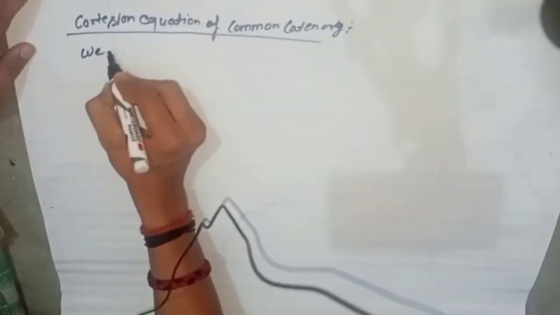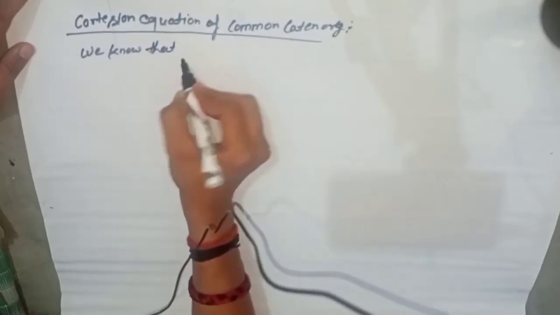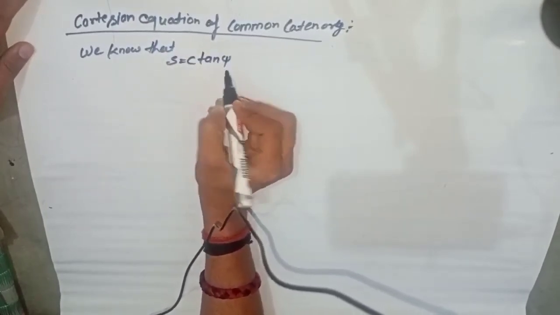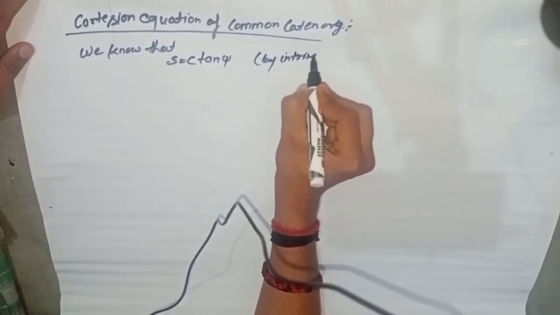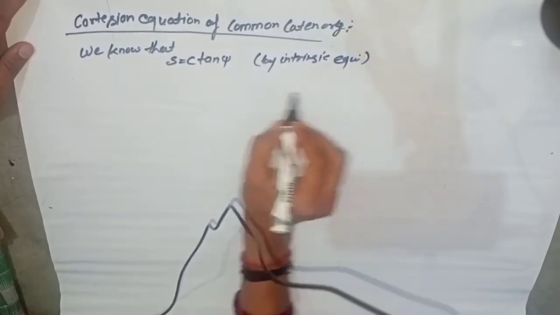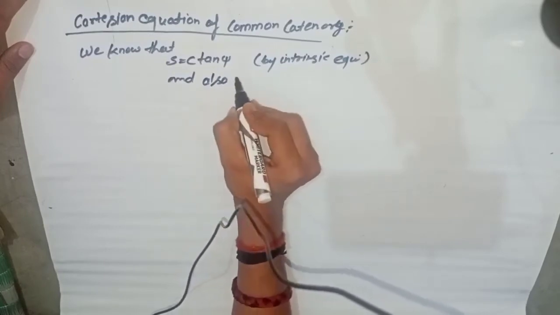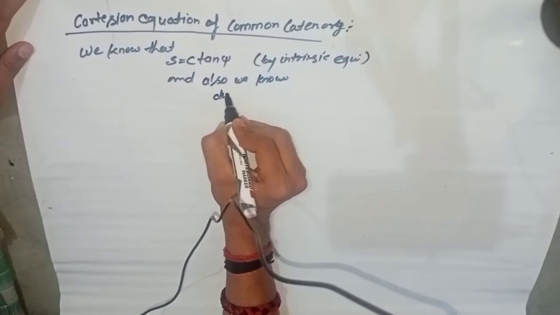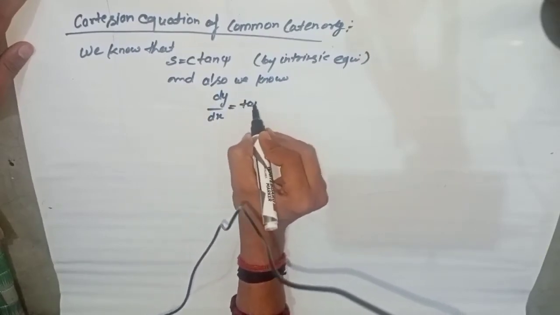We know that s is equal to c tan psi by the intrinsic equation. Also we know dy by dx represents the slope, which is equal to tan psi.